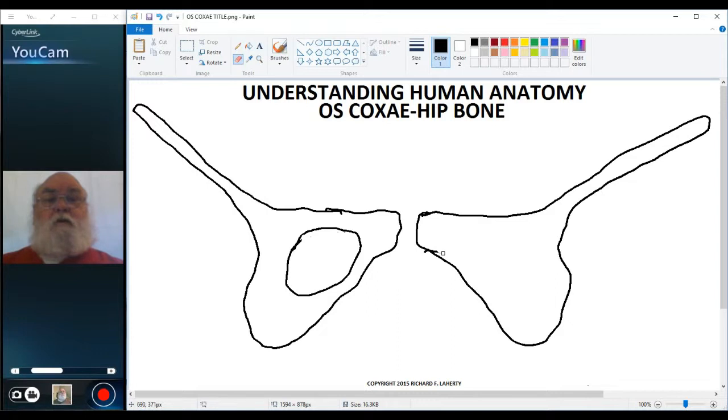And I'll just erase my miscue here. And we'll draw in the obturator foramen on this side as well.